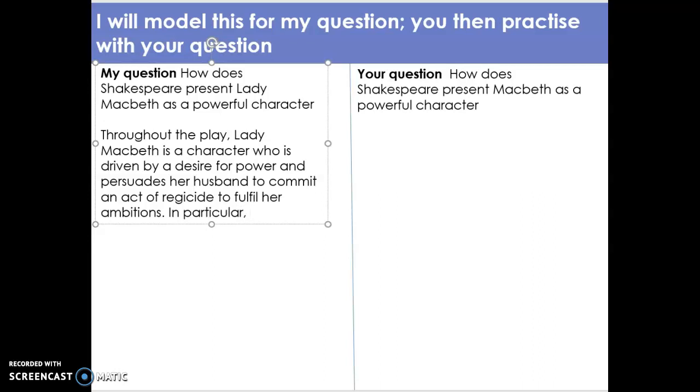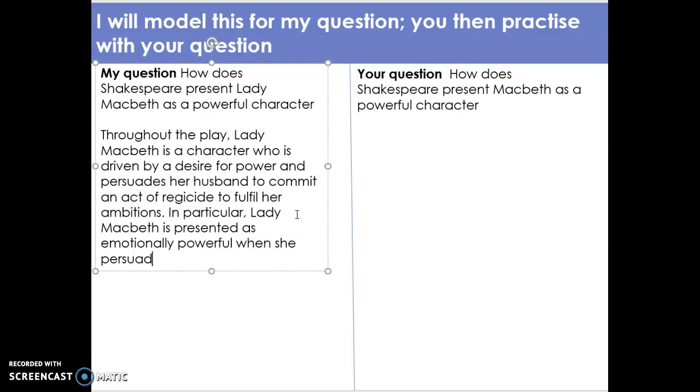So we can say in particular, Lady Macbeth is presented as emotionally powerful when she persuades her husband to kill King Duncan.